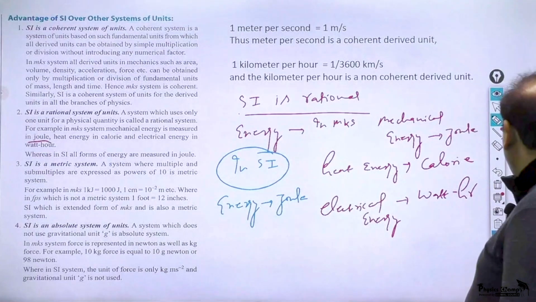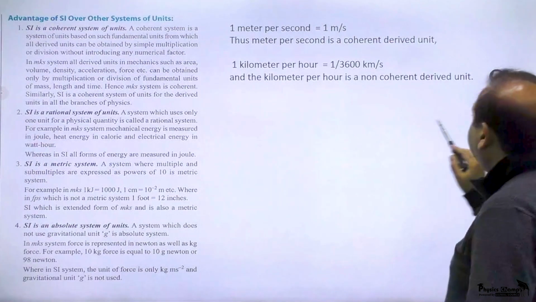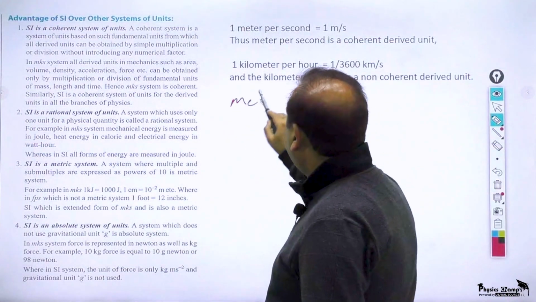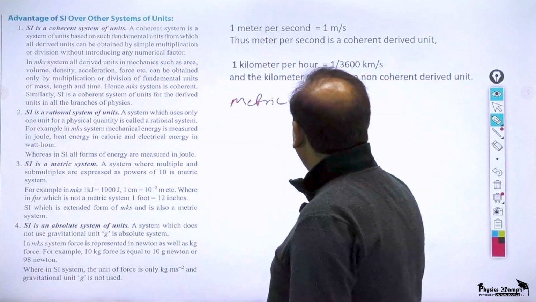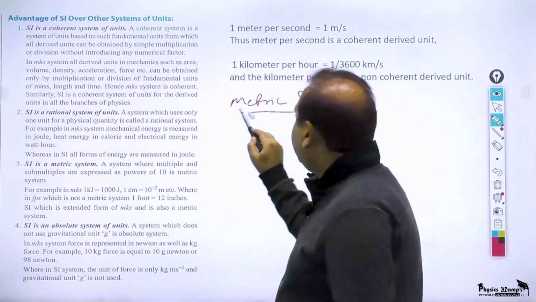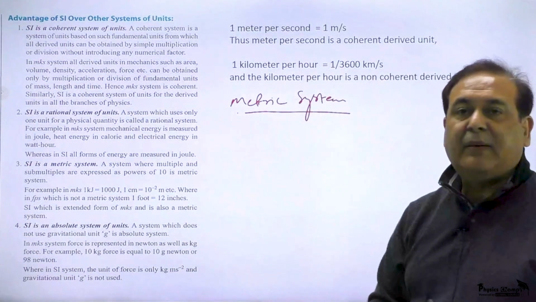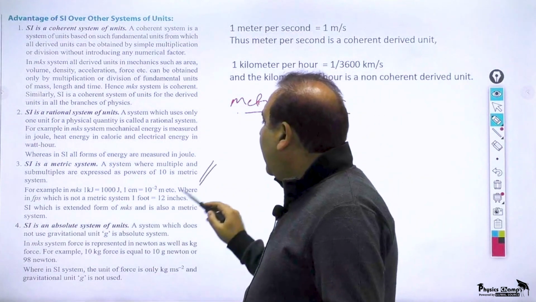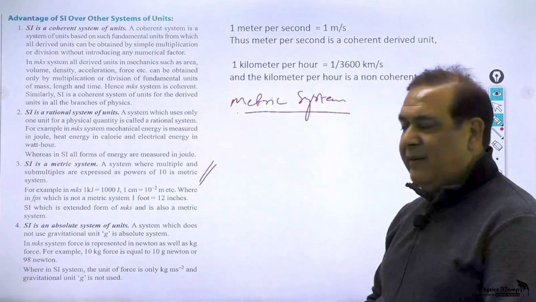Third, SI is a metric system. What do we mean by saying it's a metric system? It means multiples and submultiples are expressed as powers of 10.